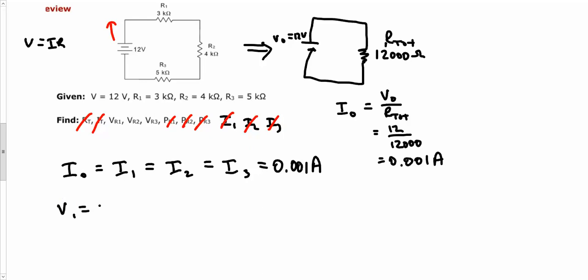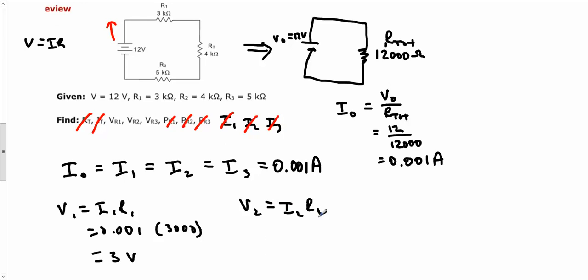V1 is I1 R1, which is 0.001 times 3,000, which is 3 volts. And similarly, I can do the same calculation three times. Make sure you never use I1 and some other random number. The subscripts all have to match up in the formula.